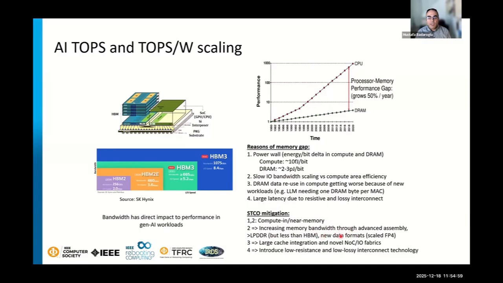Also novel data formats, for instance, reducing resolution like scaled FP4, floating point 4-bit formats, and large cache integration and novel SoC fabrics address the DRAM data use by increasing the cache size on the compute. And finally, low-resistance and low-loss interconnect technology addresses the latency. Unfortunately, advanced technology is not helping on the low resistance. That's why we need a boost by advanced packaging or other types of backside interconnect fabric to provide low-resistance routing for long-distance interconnect.